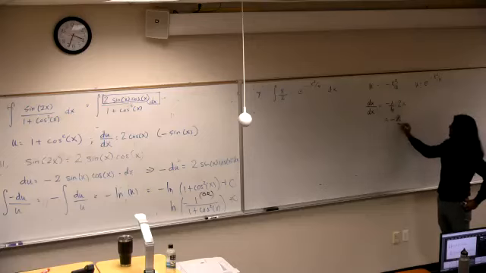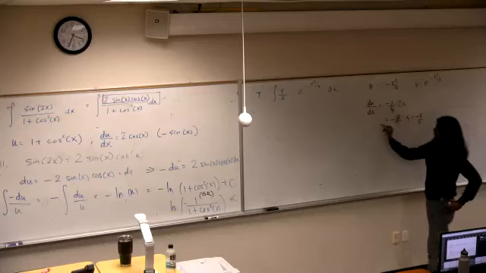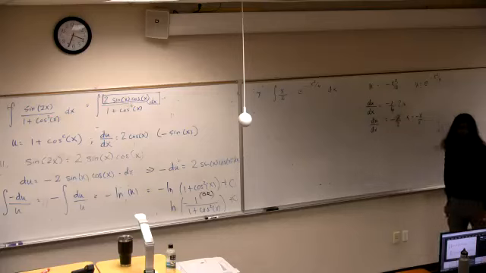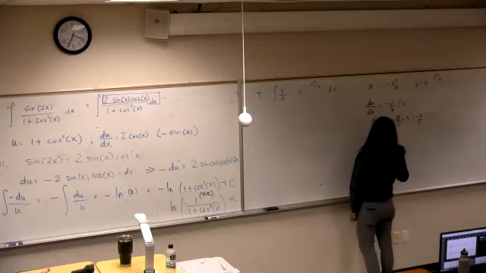Let me not skip a step. Negative 1/2 times x, which is negative x over 2. Good. So du divided by dx is negative x over 2, which would mean du is negative x over 2 dx.